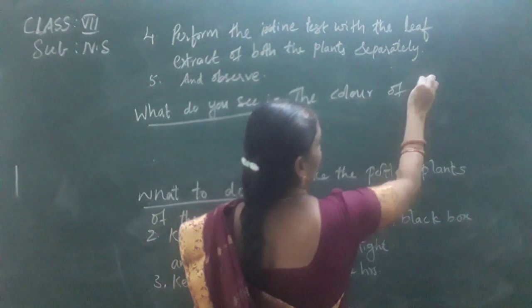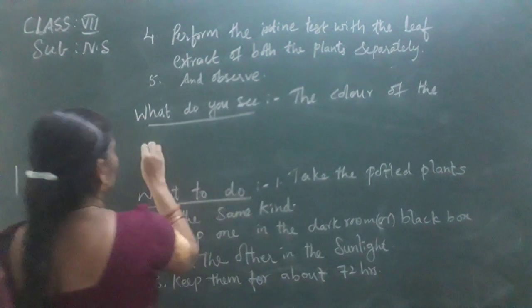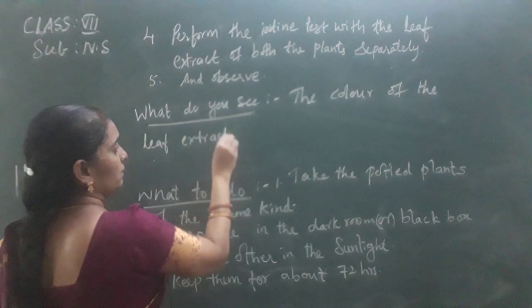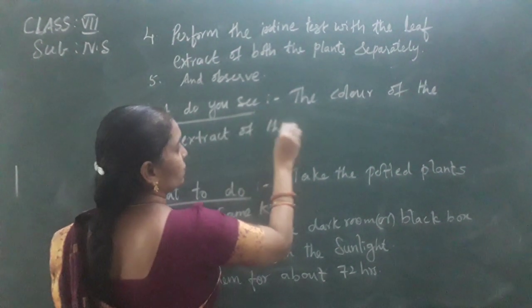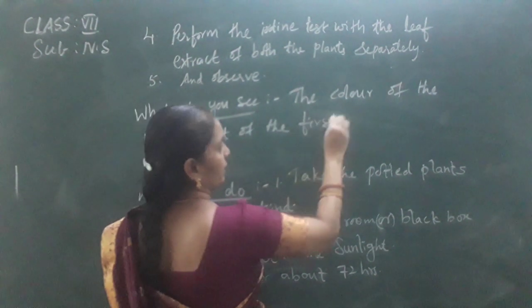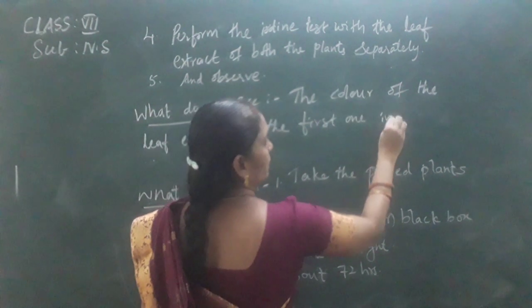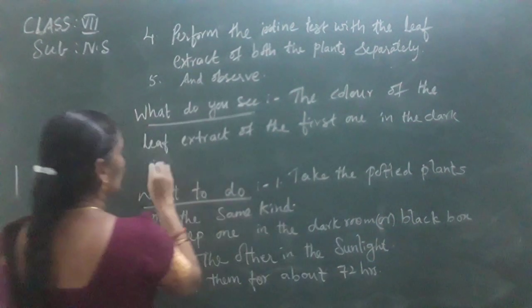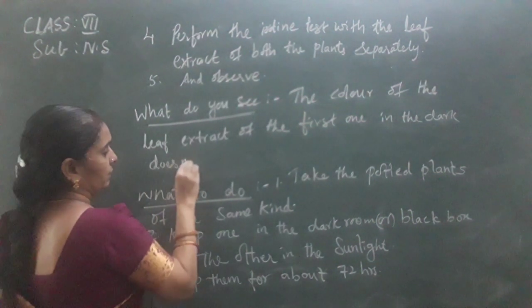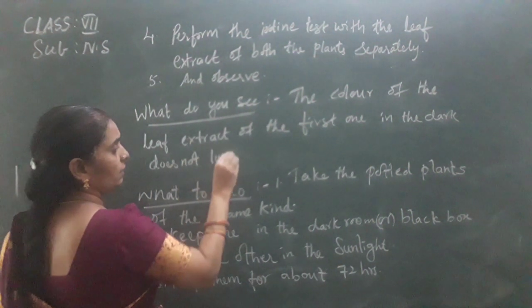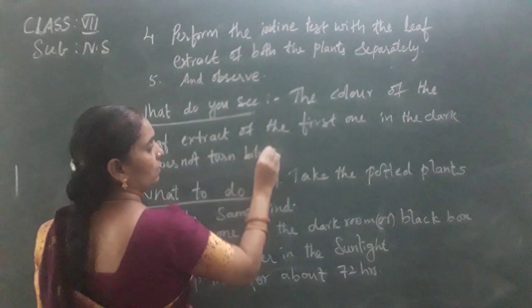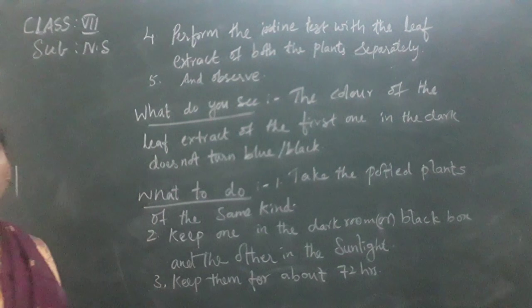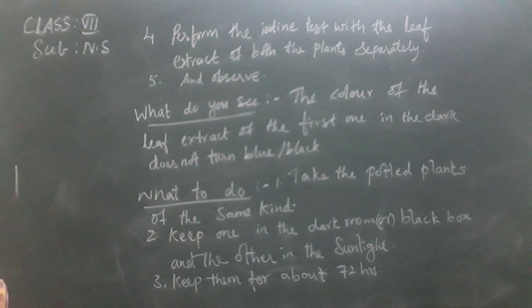The color of the leaf extract of the first one, which is kept in the dark, does not turn blue or black. That means it does not prepare food.